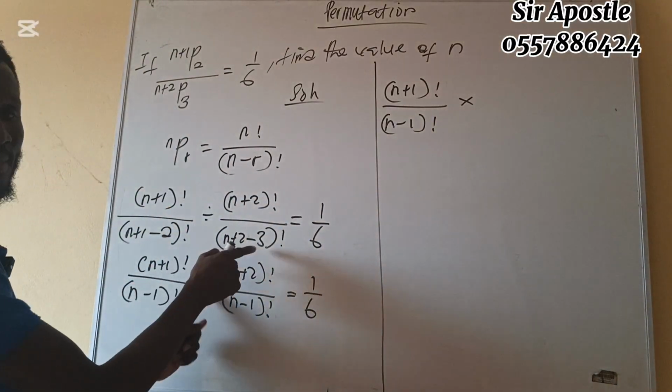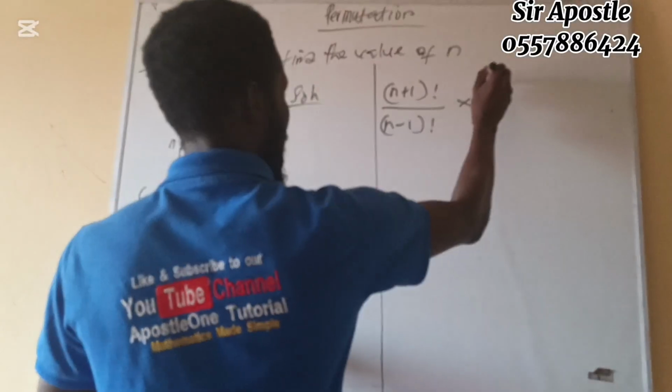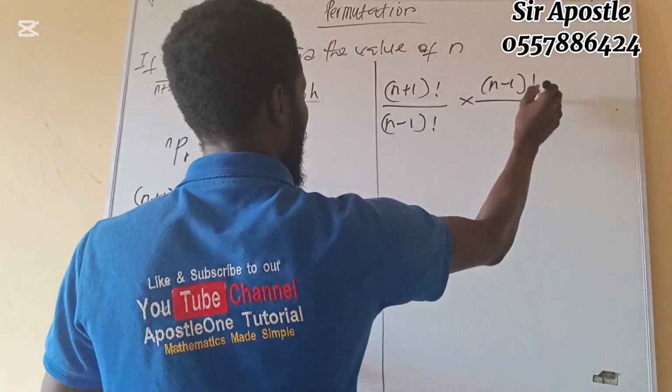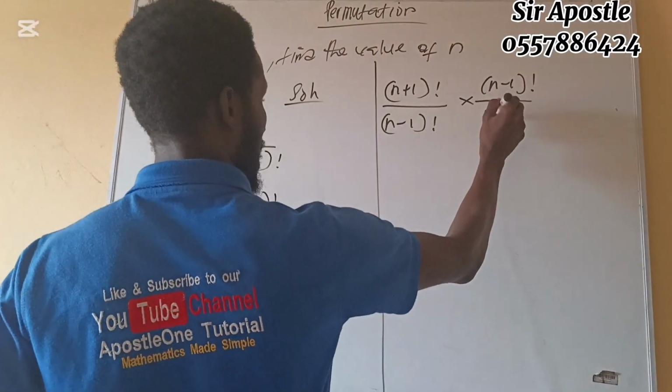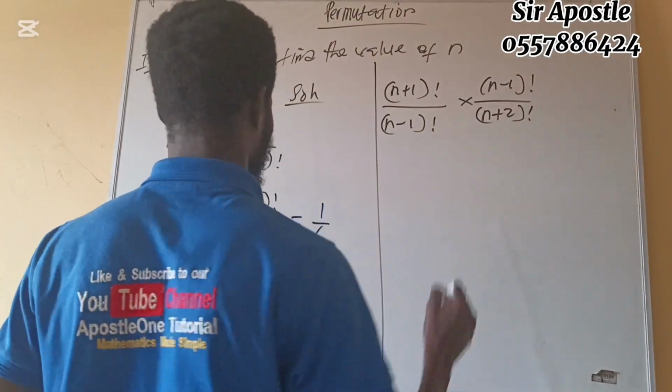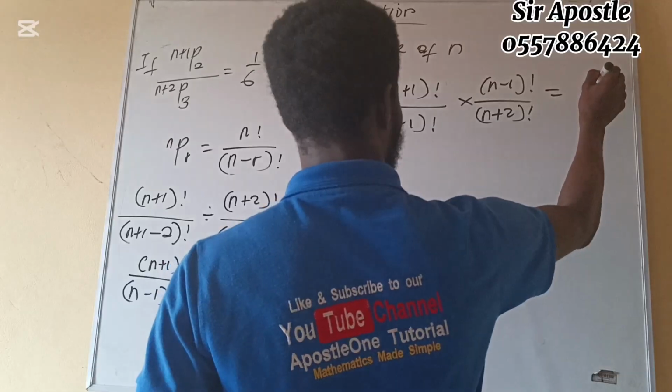So this one will go up, this one will come down. So I'm going to have (n minus 1) factorial divided by (n plus 2) factorial, now equal to 1 out of 6.